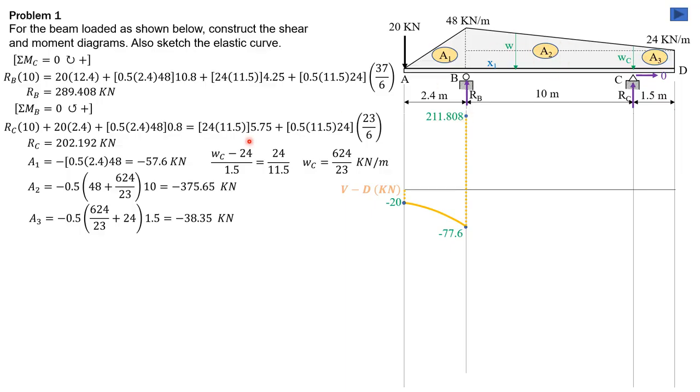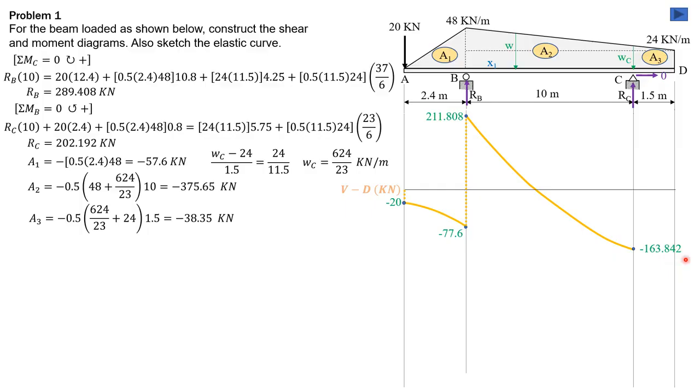211.808 plus area 2, which is negative decreasing slope, looks like that. So negative decreasing ordinate, negative decreasing slope. So 211.808 minus 375.65 is negative 163.842.